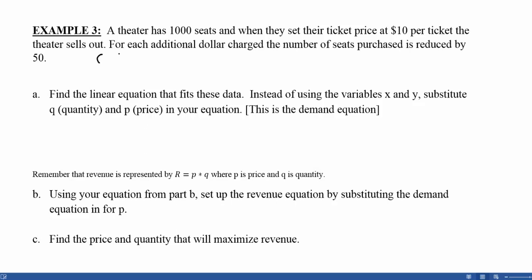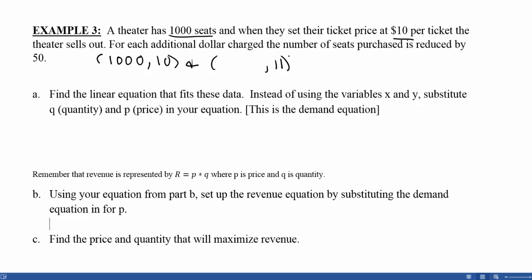We want to write these informational points, 1,000 seats, $10, as points as though we were plotting them on a graph. So the first point would be (1,000, 10). Now, the second point from the information in this problem is that if we charge an additional $1, so that means instead of 10, we're going to have 11, the number of seats purchased is reduced by 50.